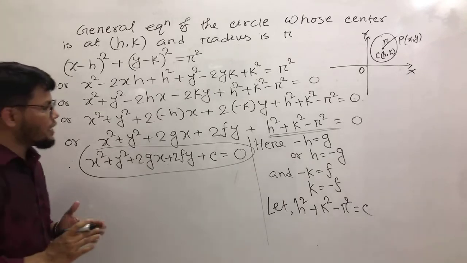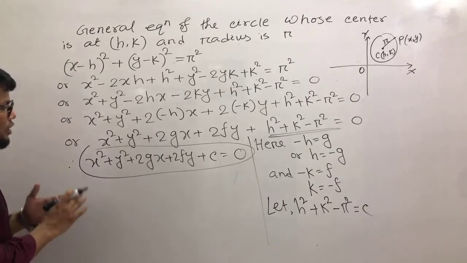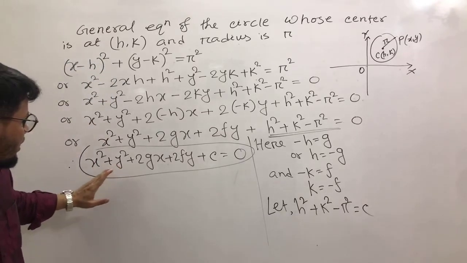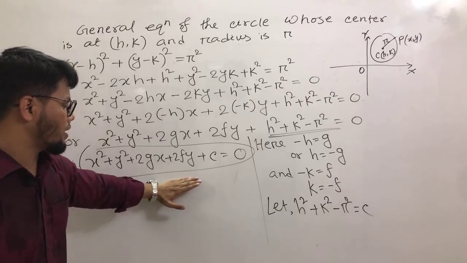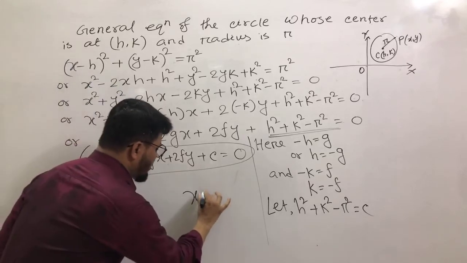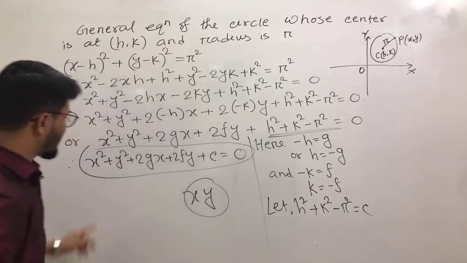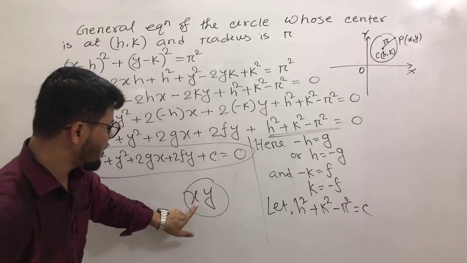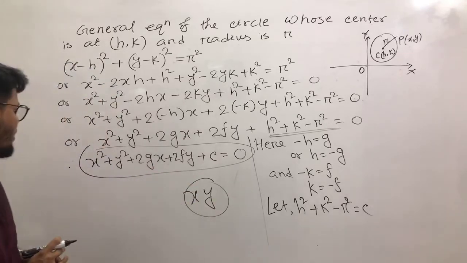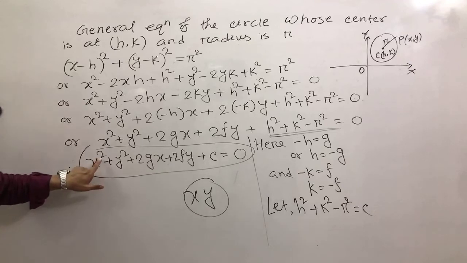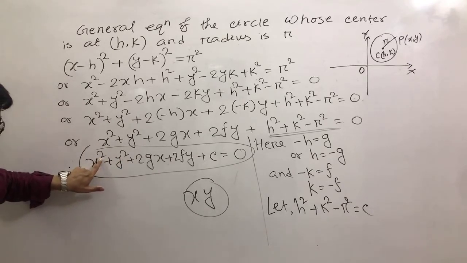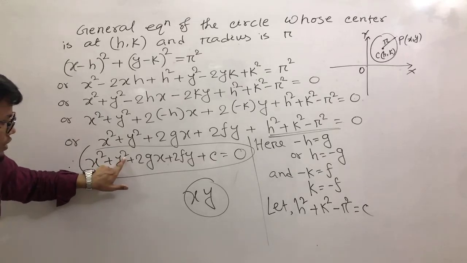So what do we see in the circle equation here? What are the characteristics of the circle? If we see here, there is no term of xy. What is the index of x and y? The index of x is 2, index of y is 2.